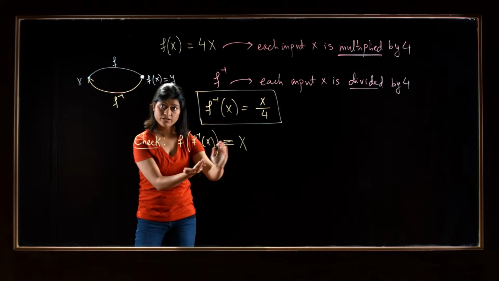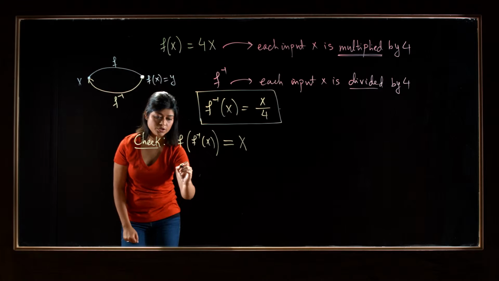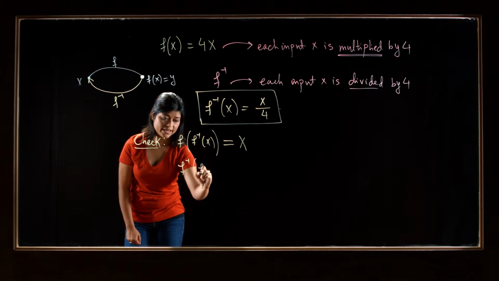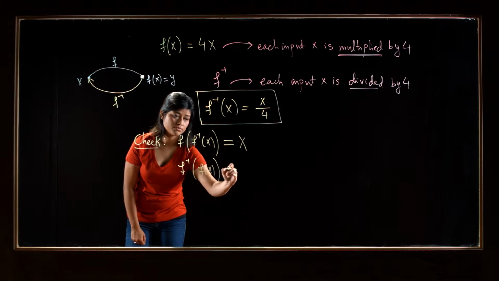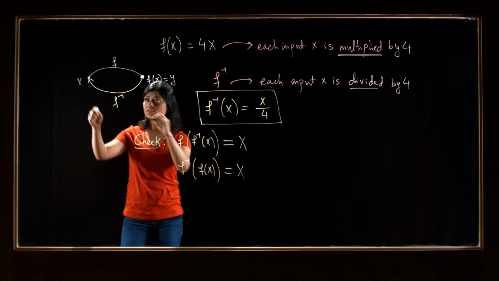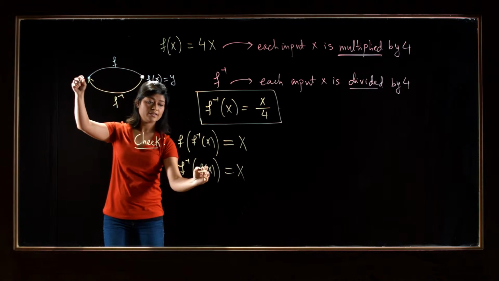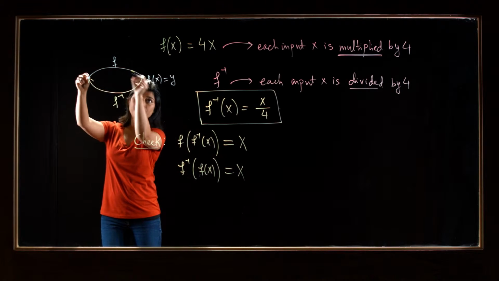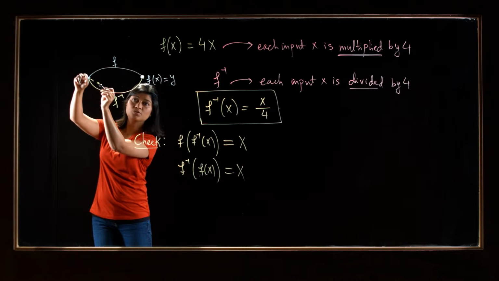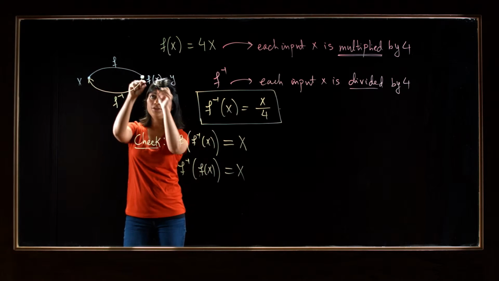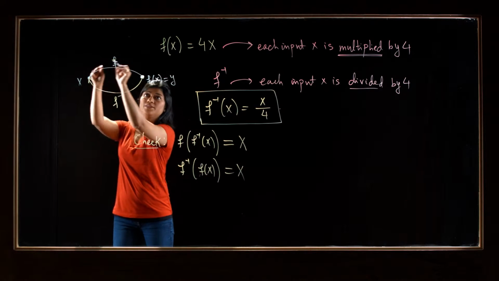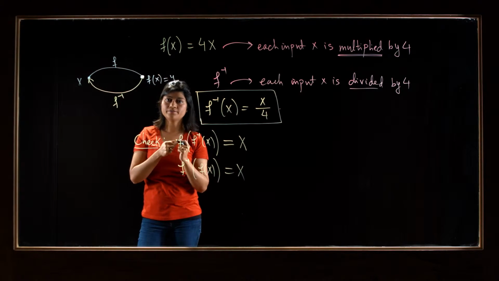That's one way, and the other way is also true. If you take f inverse and then f, you should also get x. This is exactly represented by this diagram, right? You take f, and then you take f inverse, and you come back to x. Or the other way, you do f inverse first, and then you do f, and you come back where you started.